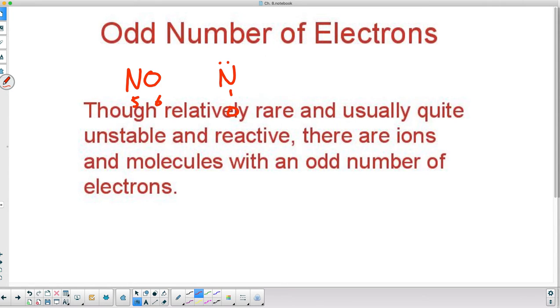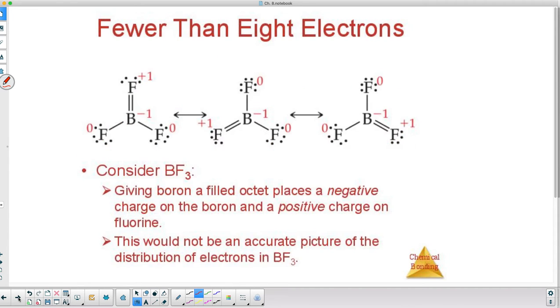We might end up with just a single and a single. Actually, it's just one, so it would be like this. That would be it with oxygen. There we go, and we have our single electron. That would be an example of NO, of having an odd number of electrons. So let's move on from there.